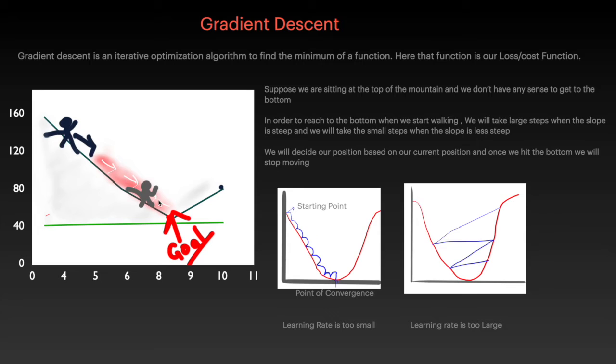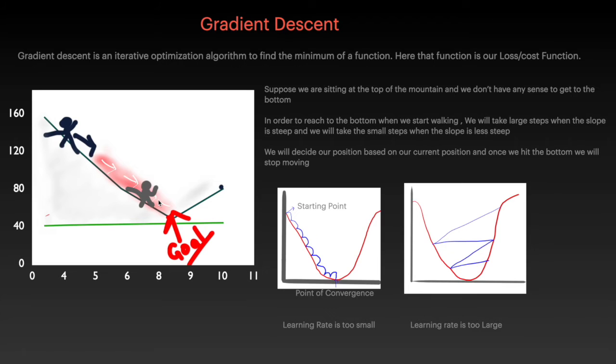When we start walking, gradient descent will take large steps where the slope is steep, and when we are near the goal or point of convergence, we will take small steps when the slope is less. We decide a position based on the current location, and once we hit the bottom, we will stop moving. This is the basic idea behind gradient descent.